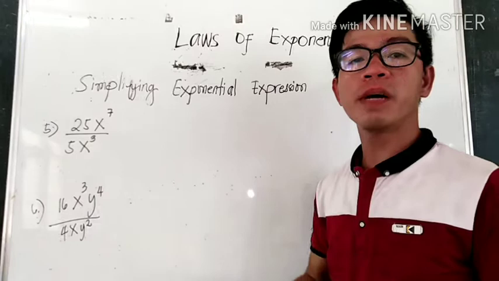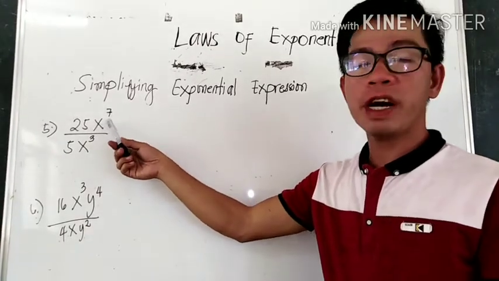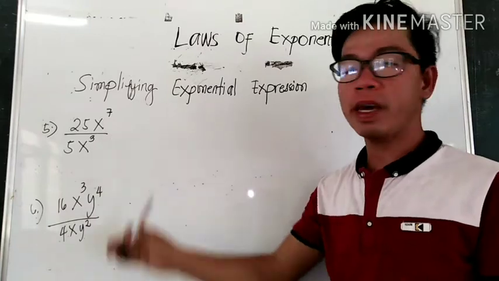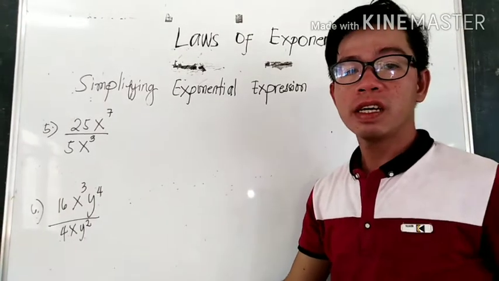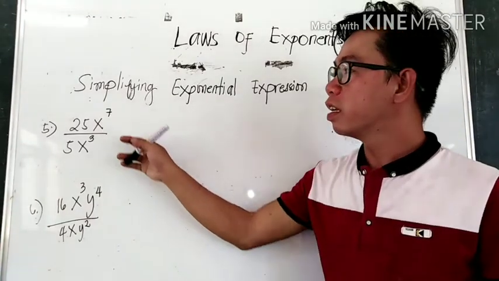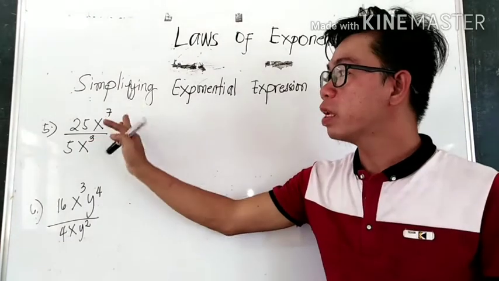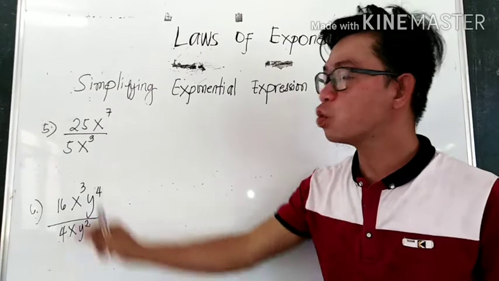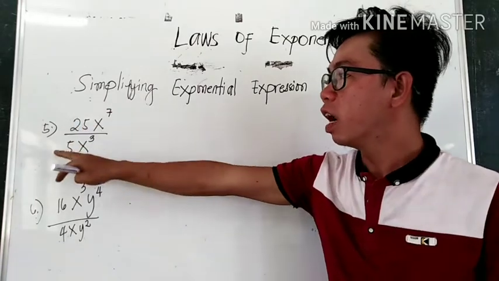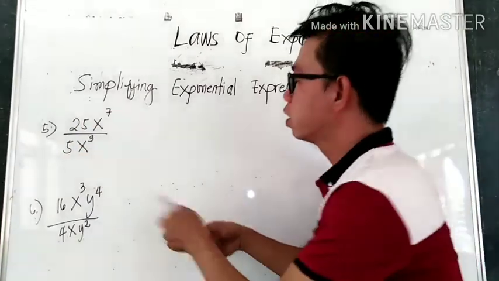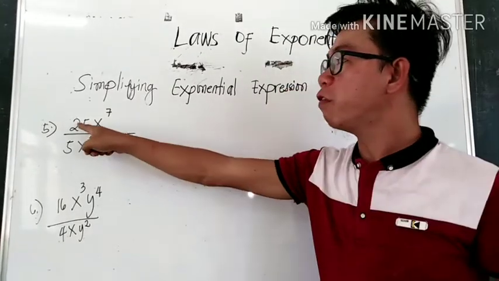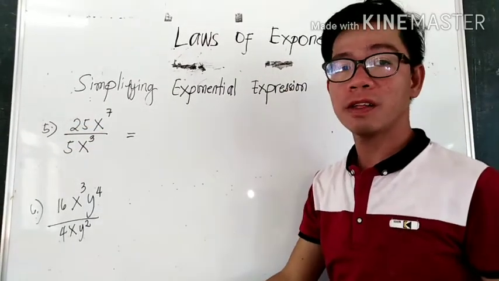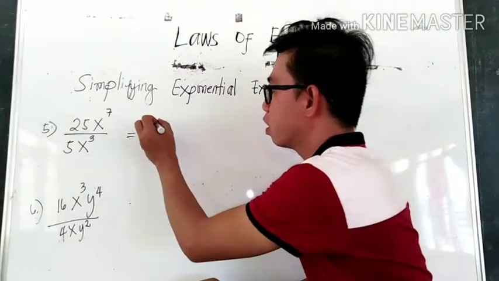Okay, our example number 5. We have 25x to the power of 7 divided by 5x to the power of 3. This is our division rule, no? So we will subtract the exponents. Since we have coefficient 25 and coefficient 5, 25 divided by 5 is equal to 5.